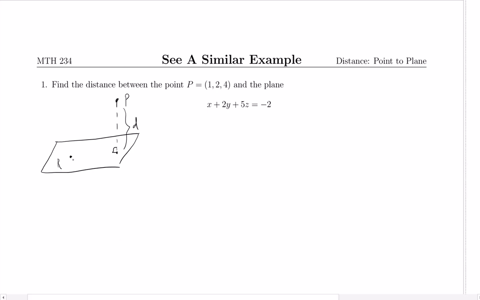So let's connect the point R with the point where this dotted line meets the plane, and then complete this right triangle, draw the hypotenuse, which is the vector RP.